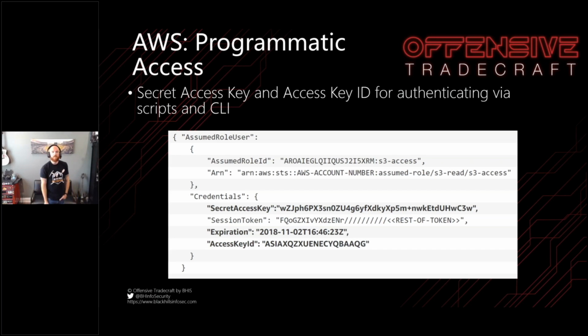But these are basically what we're looking for, right? So this is secret keys and access keys for AWS. If you find yourself looking at this screenshot on a pen test, you have some really awesome things to work with, because the access key and the secret key ID are basically like a username and password of sorts for authenticating. This is the programmatic access.